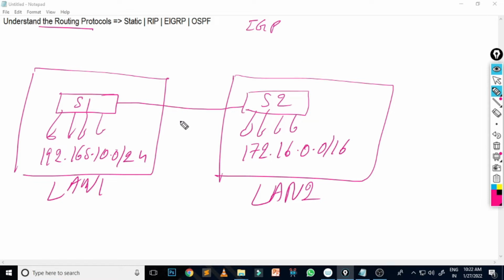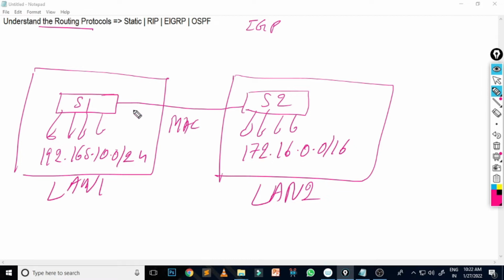Why? Because the working of a local area network is based on the MAC address. So if we need to transfer data between these two networks, we need to establish connectivity between the IP address of class C and the IP address of class B.